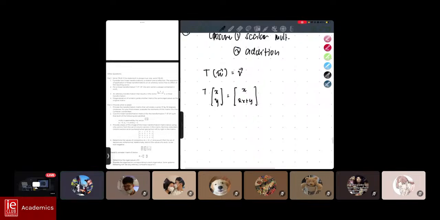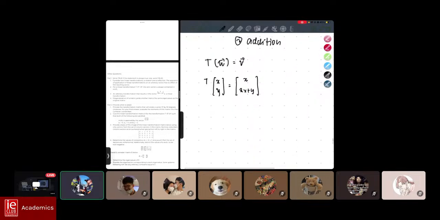Now let's check if scalar multiplication works. In this case, you can just use 2, multiplying by 2.